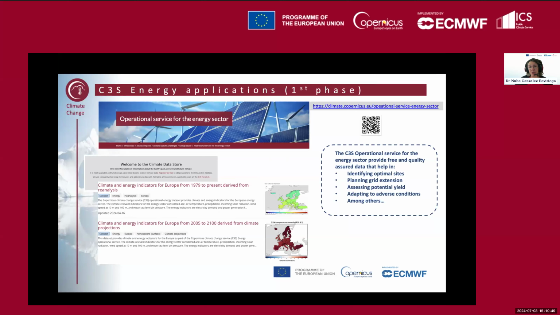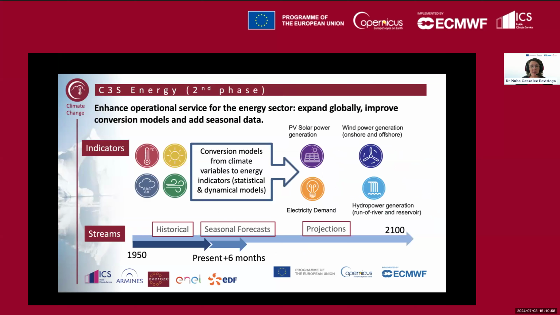Right now, what we are doing is enhancing this operational service, and this is the work that we are currently doing together with ICS, Armines, Everos, Enel, and EDF on behalf of the C3S. In this new version of the operational energy service, we are providing both climate and energy indicators.